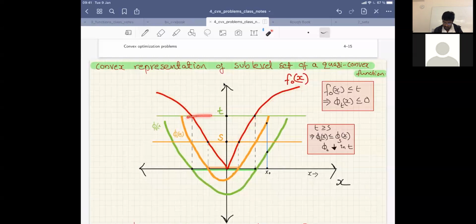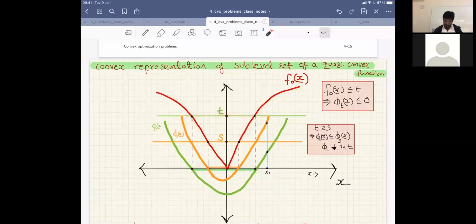For example, the t sublevel set is this set, this part of the real line. I will use another convex function through which I will represent this sublevel set.